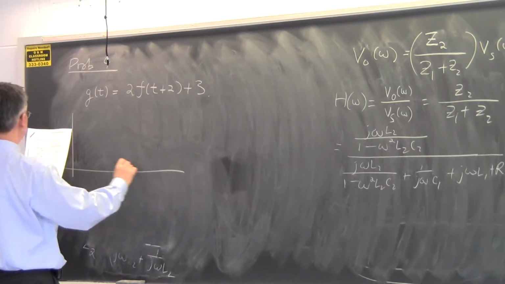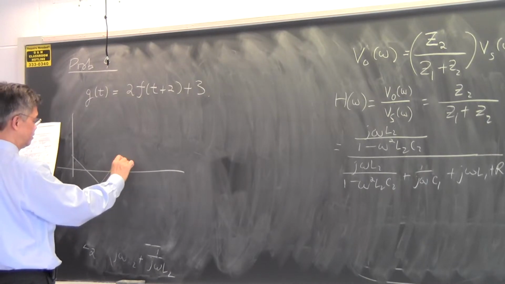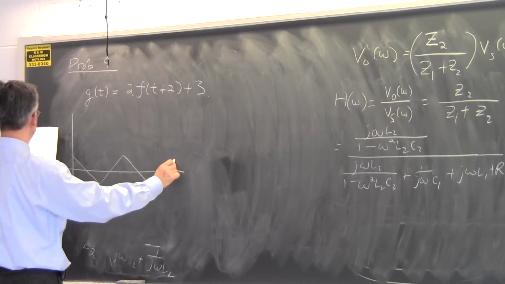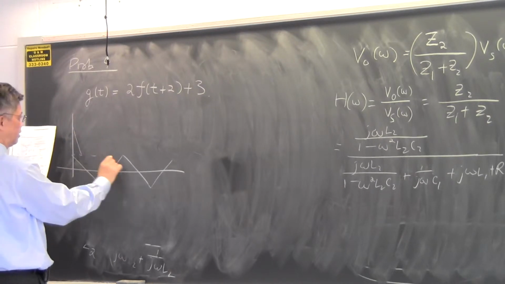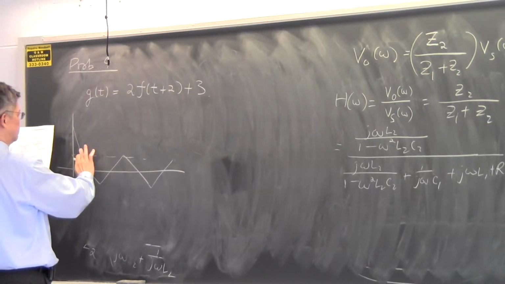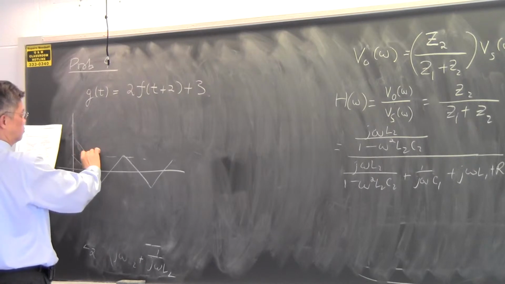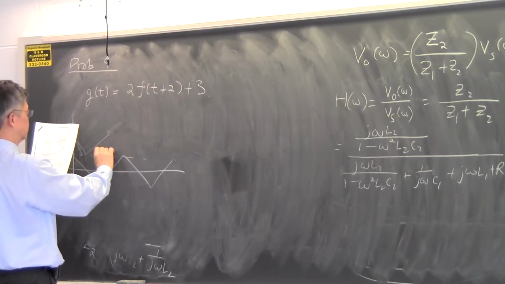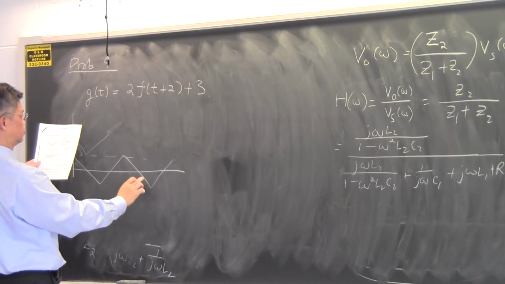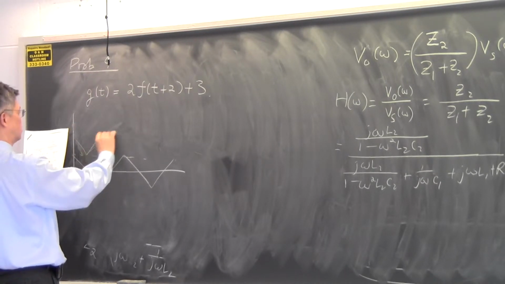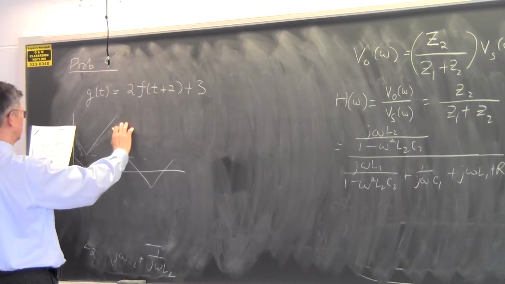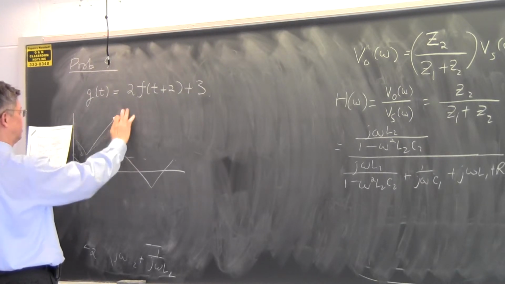Kind of difficult to draw. One has no DC value. The other one is shifted, but also elevated by 3. I guess I don't draw well.